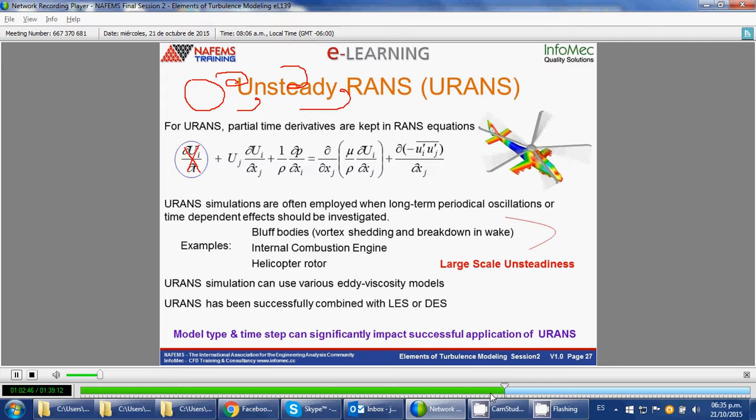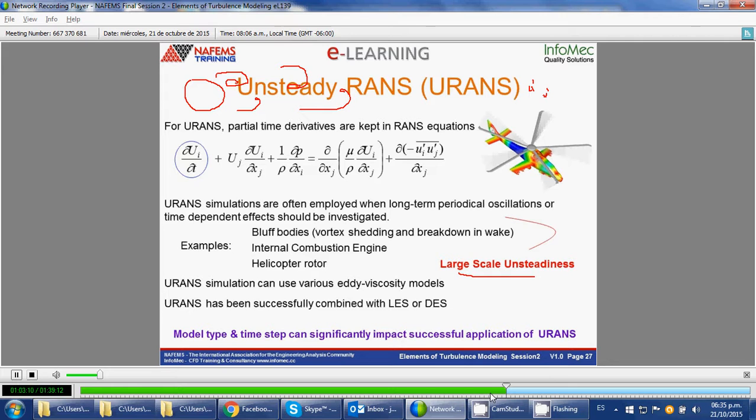So if we went ahead and put that term back in, you don't get any more of those unsteadiness like U bar and U prime and V prime. You don't get those, but the large unsteadiness you could include. So that's what URANS is.